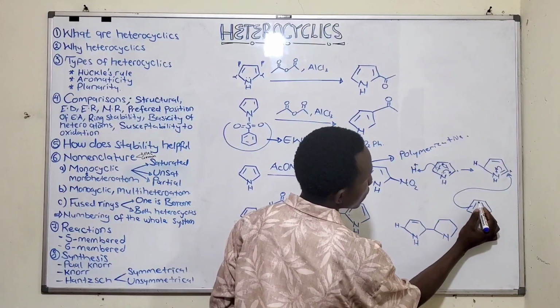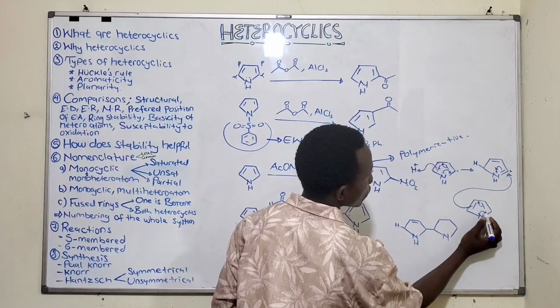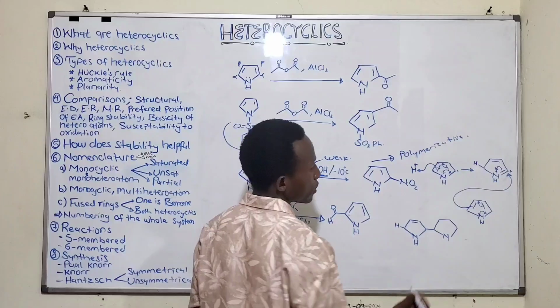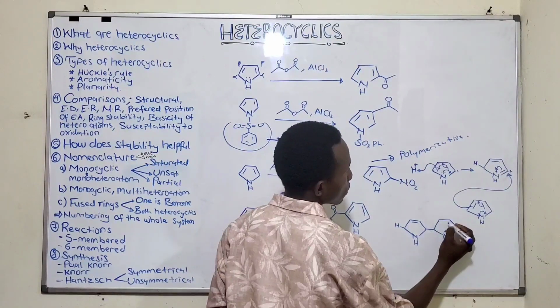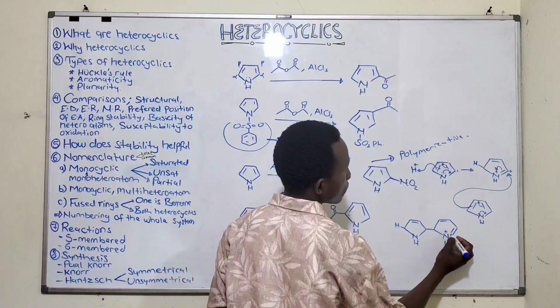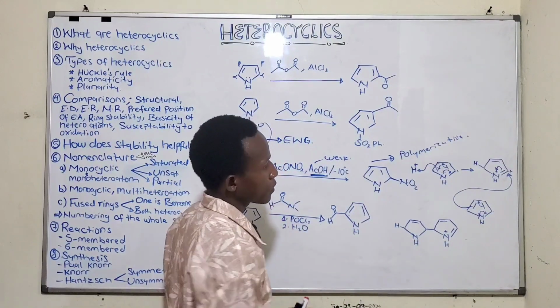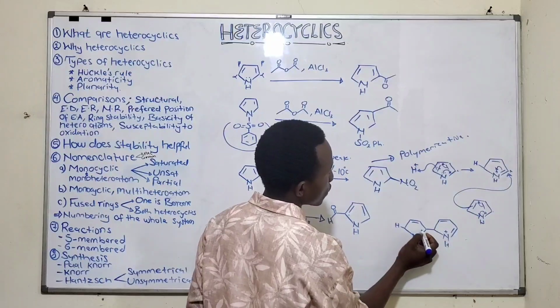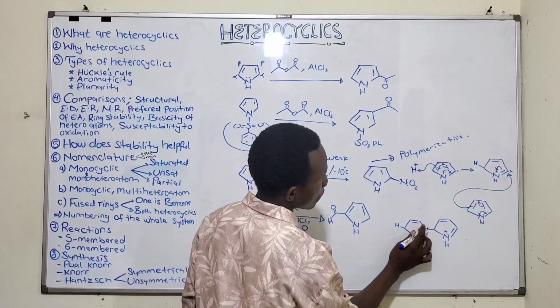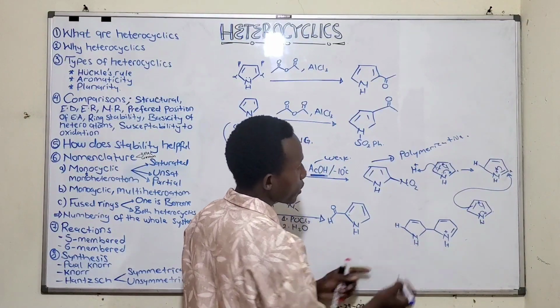Also, this one stabilizes this. Then nitrogen stabilizes this carbocation. Again, we form this one like this. Here we have this bond. Okay, this bond is taken by nitrogen.